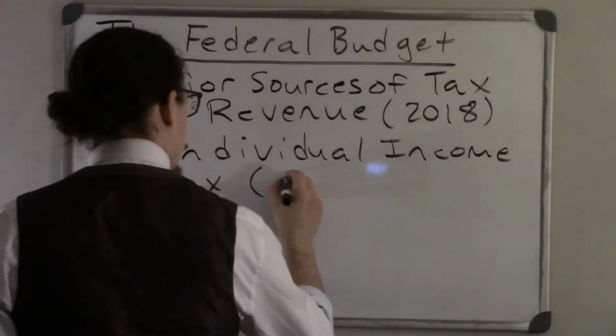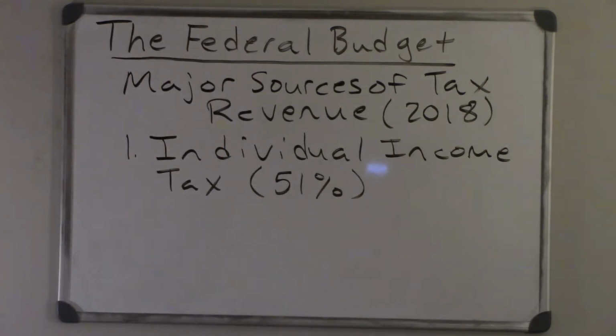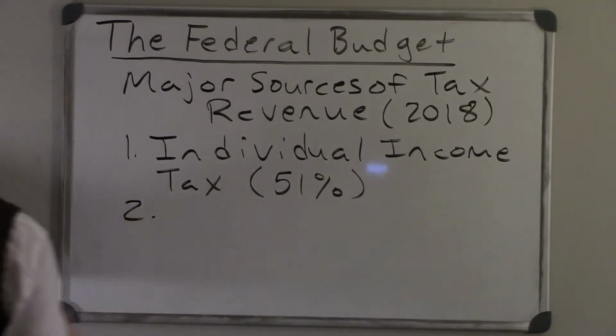And this makes up 51% of the federal budget. So 51% of the money that the federal government collects through all of their different taxes is from the individual income tax, or just what we think of as payroll taxes, what we pay at the end of the year, what we're having to do taxes for at the end of the year.